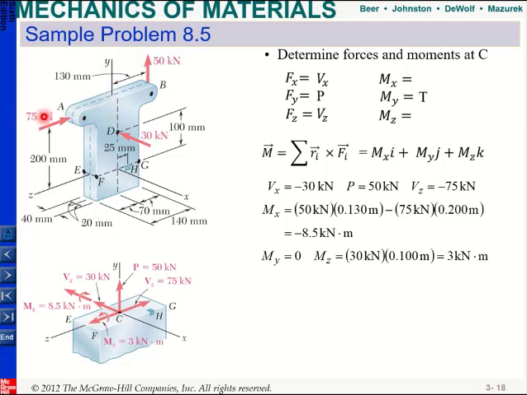This one is parallel to z, so it does not create any moment along the z-axis, and it goes through y. This one goes through the z-axis, so it does not create any moment along the z-axis, and it's parallel to y. So if a force goes through an axis, or is parallel to it, it does not create any moment along that axis.